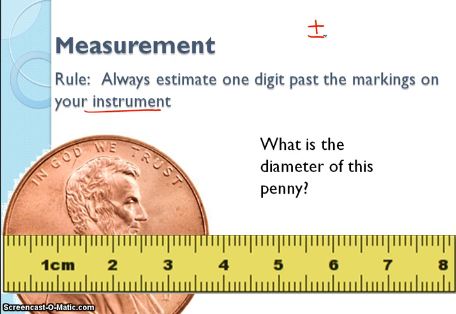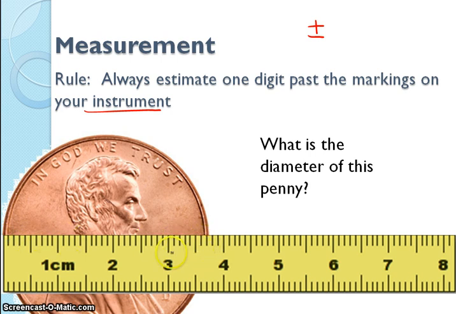And so if we want to measure, just using an example, the diameter of this penny, well, we right away can tell from the large markings pretty easily what the first number would be. Looking here, we see 3 and 4. In between, it would be 3.5. So we're measuring from here all the way to here.